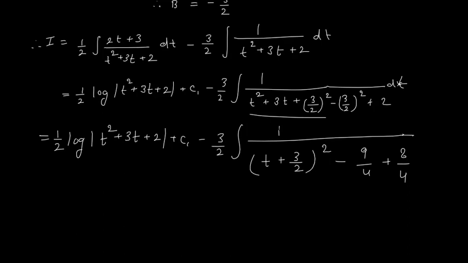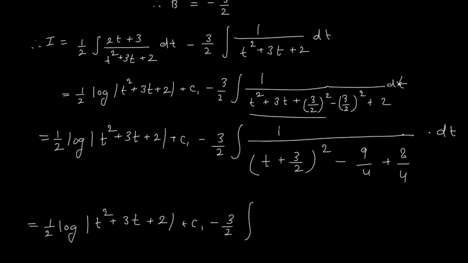I will multiply and divide by 4, dt. So this becomes 1 upon 2 log of t square plus 3t plus 2 plus c1 minus 3 upon 2 integration of 1 upon t plus 3 upon 2 the whole square minus 1 upon 2 the whole square into dt.